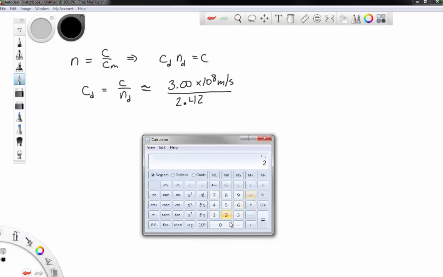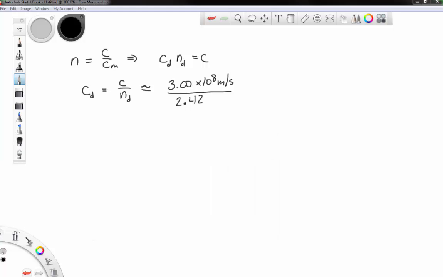3 divided by 2.42 gives us 1.239669. And of course that 10 to the 8th part remains unchanged, so the speed of light in diamond is approximately 1.24 times 10 to the 8th meters per second.